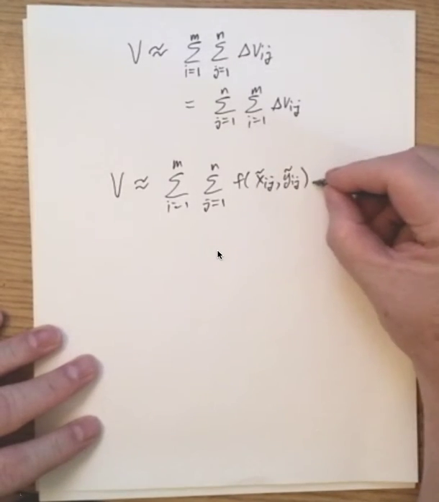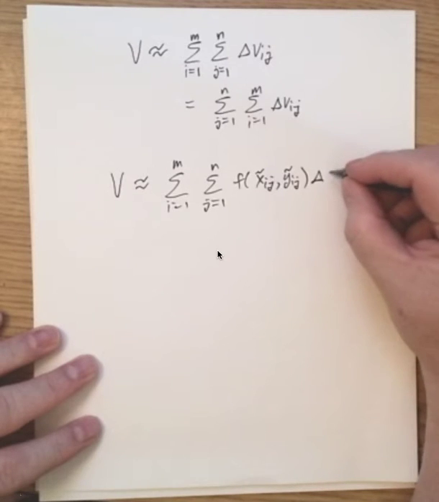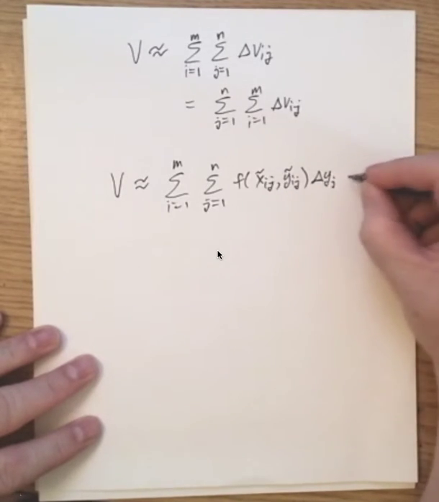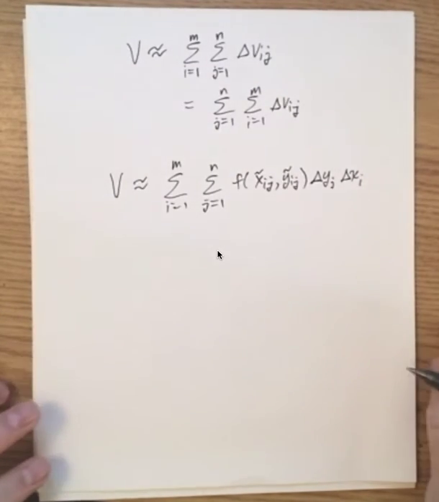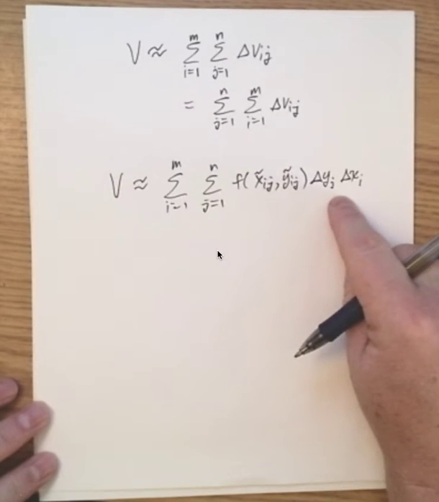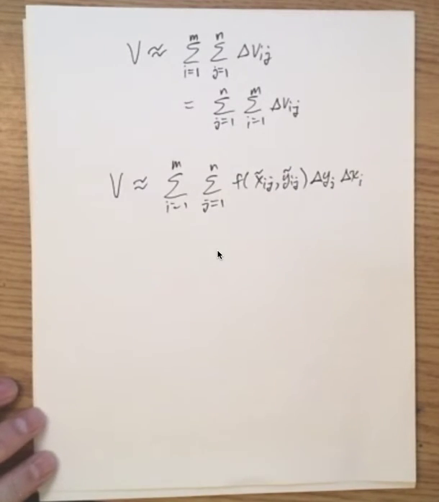Then essentially I'm going to write it like this. This is the area of the ijth subrectangle, right? Does that make sense? Let's consider something real fast here. I'm going to draw on this just a little bit.